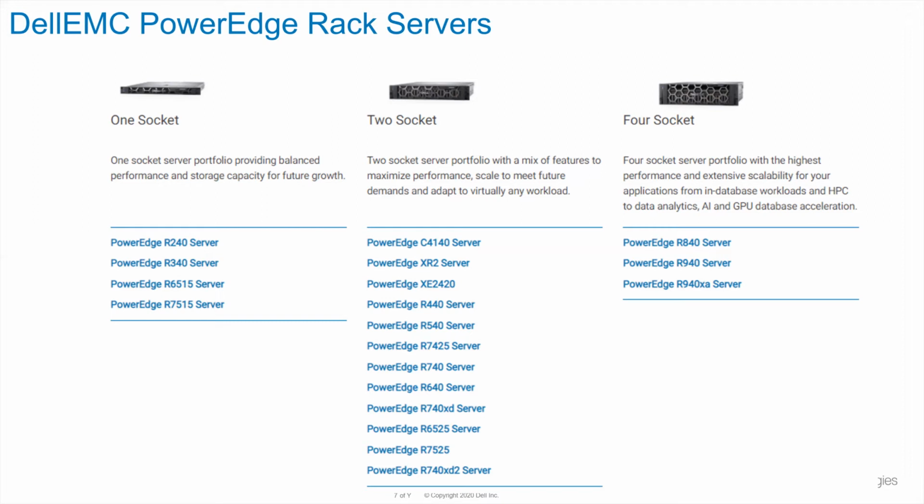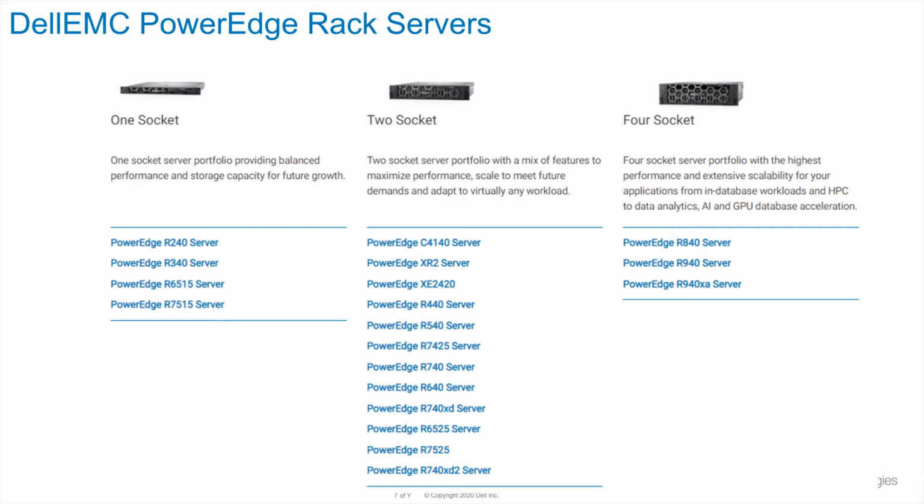The R640 is the 1U 2-socket server, good for some of the management nodes or control nodes, and the R740XD is a 2U 2-socket server, but you have a wide range of drives that you can put in there, either high capacity hard drives or SSDs or even NVMe, and so it gives you a lot of flexibility to configure the OSD nodes as you want to meet your requirements.